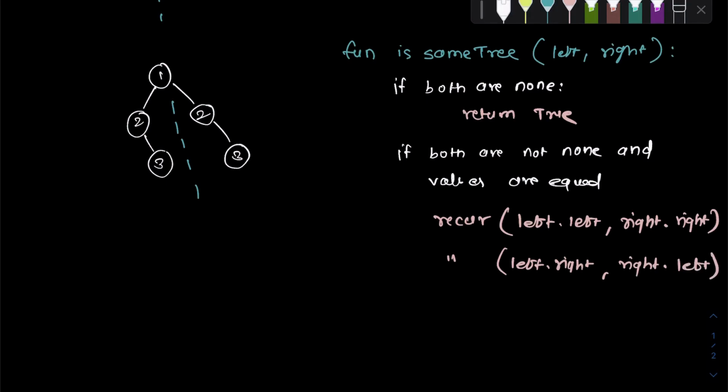That's all. Else, if any one of the nodes is none, then return false.